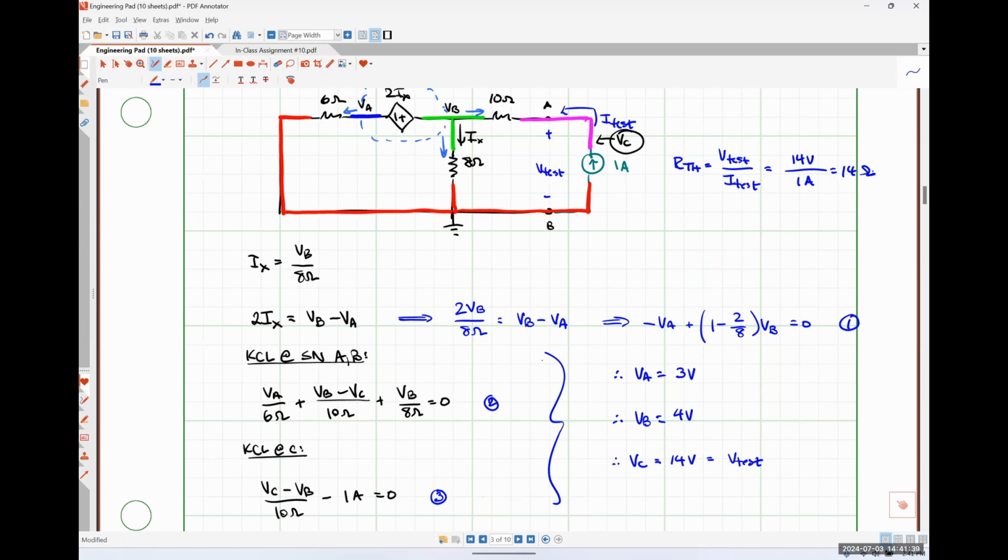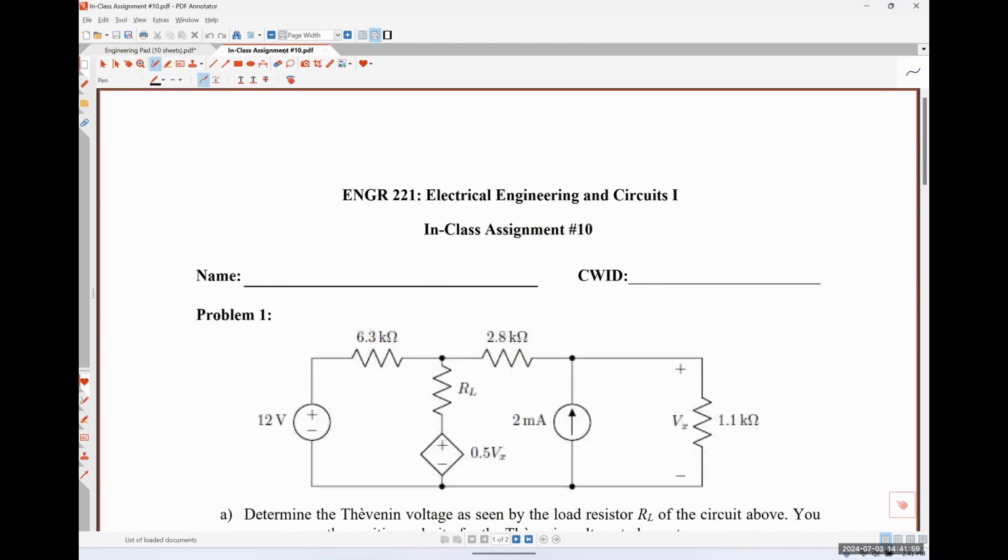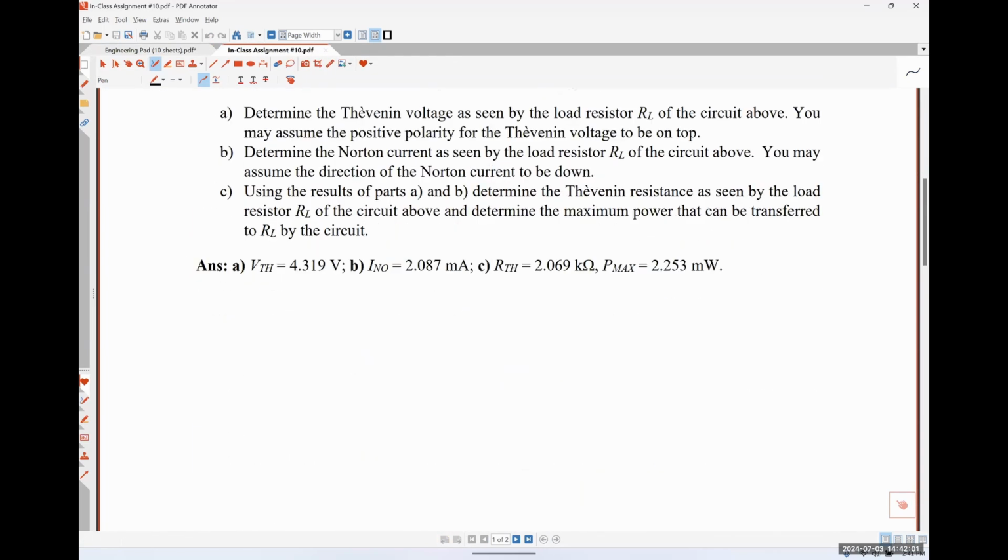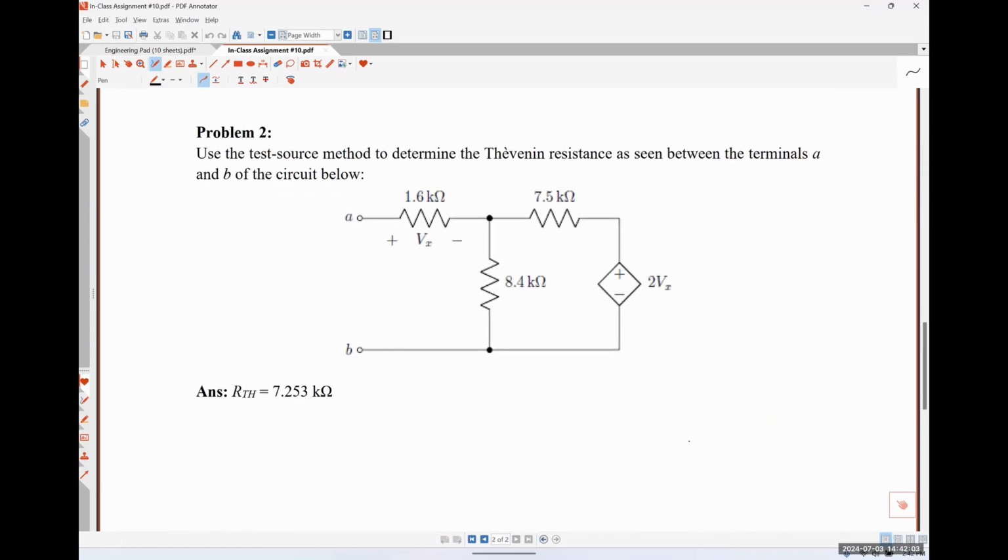Okay. So before we take a crack at our in-class assignment, does anybody have any questions? Is there any situation where one of these would be easier than the other? Absolutely. So let me look at the in-class assignment problem really quickly. And let's look at problem 2.